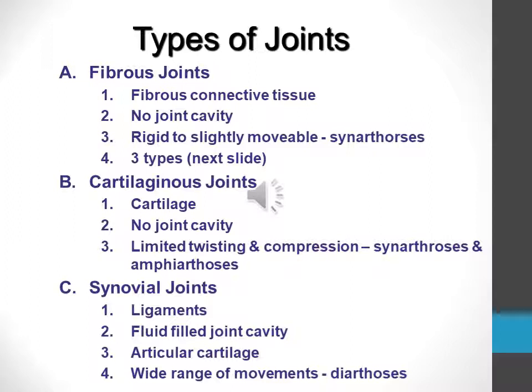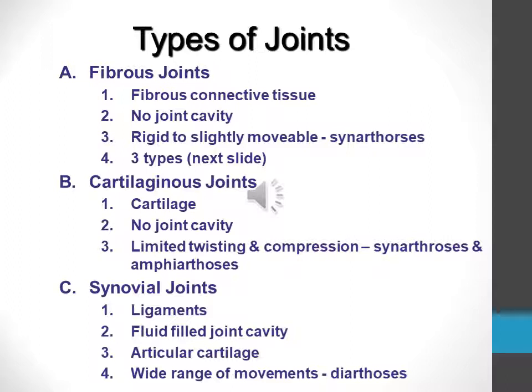So first up, we have our fibrous joints. They are exactly what they say they are, fibrous connective tissue. There is no joint cavity. They are only rigid to slightly movable, so you're talking primarily synarthrosis. So there's collagen fibers, dense irregular connective tissue, and we'll talk about the three types of these on the next slide.